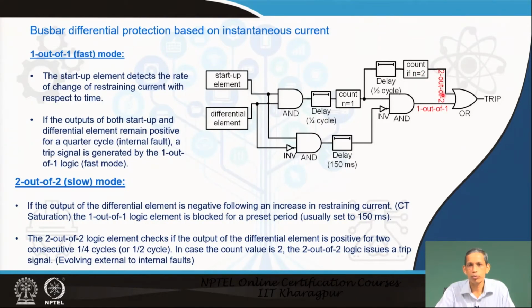So, this is the 2 out of 2 path, and because of the OR operation this becomes trip. This happens typically in a situation of an evolving external fault, finally resulting in an internal fault, and this delay helps in that perspective. The half cycle delay may give us the option of tripping for such a situation.